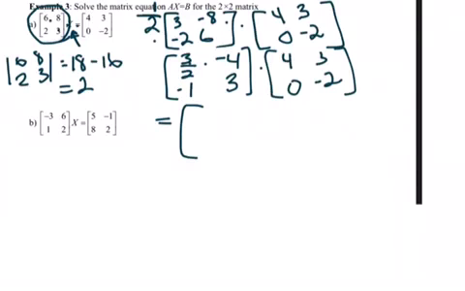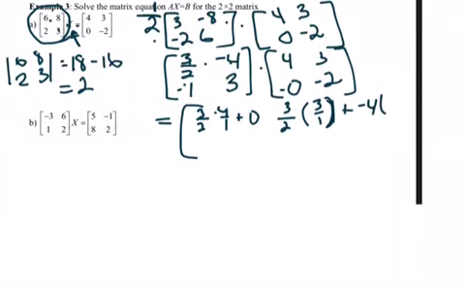So I get 3 halves times 4, so that's 3 halves times 4 over 1 plus 0, negative 4 times 0. Okay, that's your first space. Then I'm going to do first row, second column, so I'm going to have 3 over 2 times 3 over 1 plus negative 4 times negative 2.